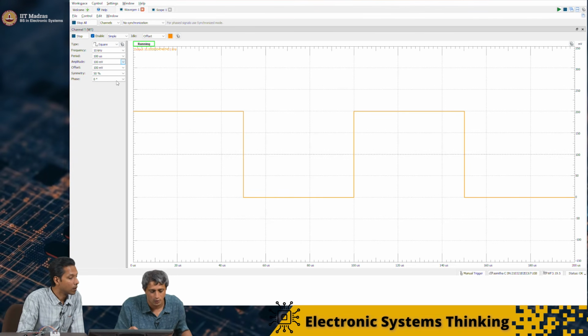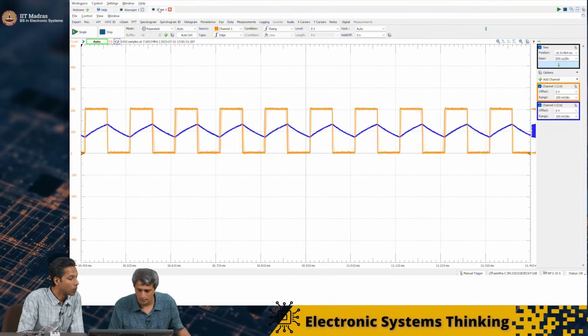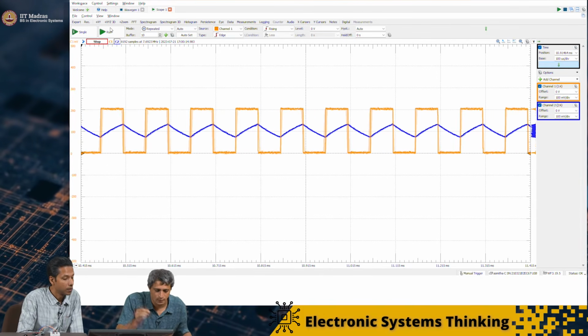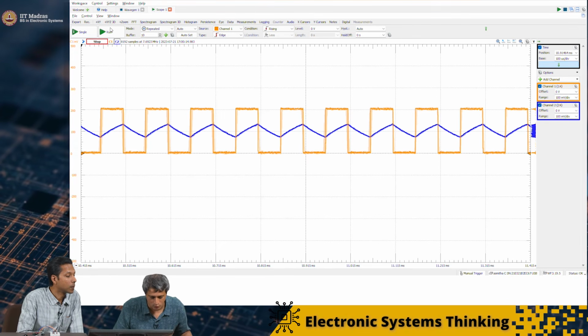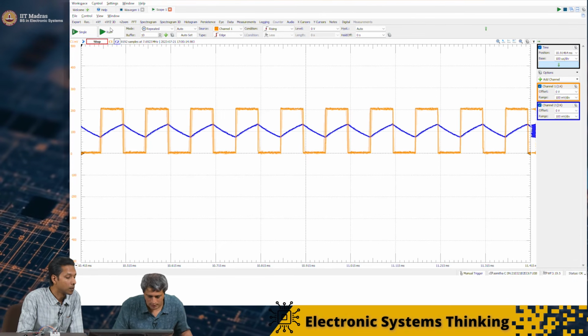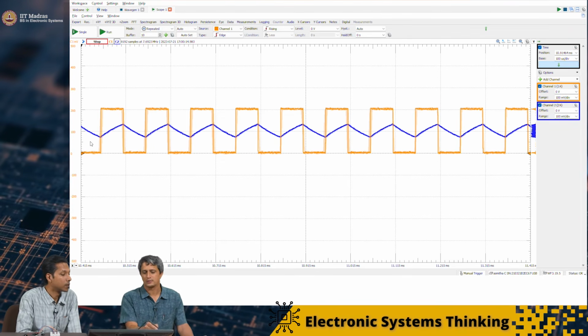Okay, amplitude, offset, is this right? Yes. Okay, so it's like 0 to 200, and it's around this 100 millivolt now.